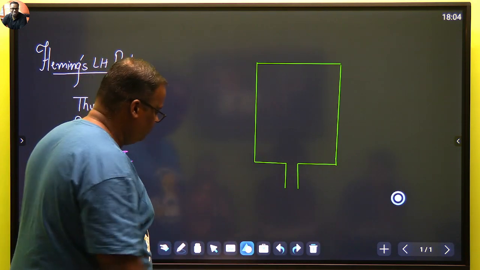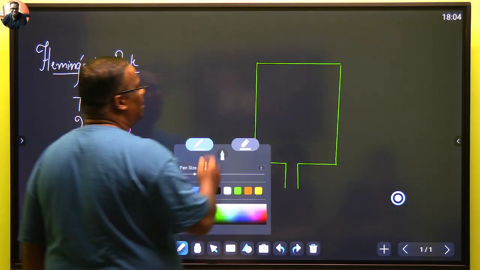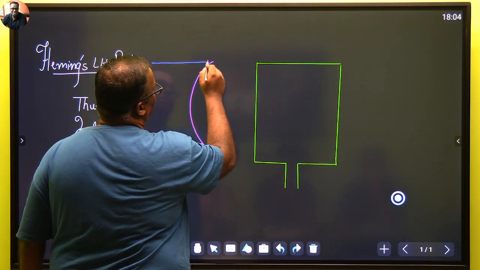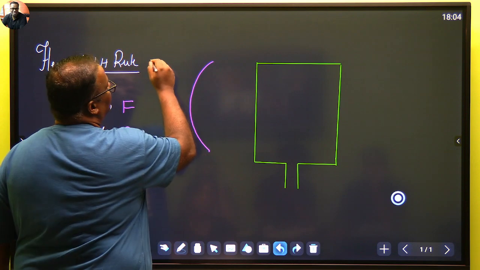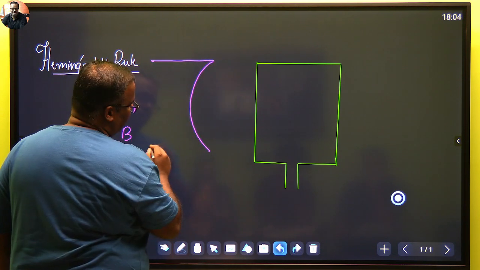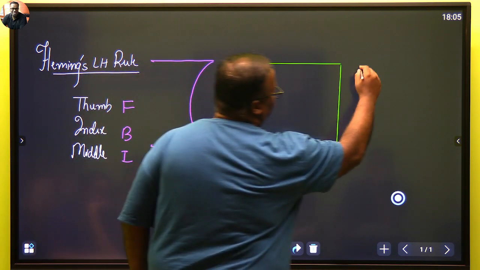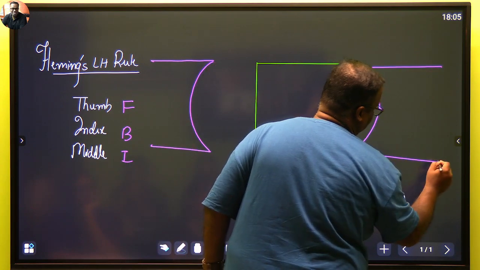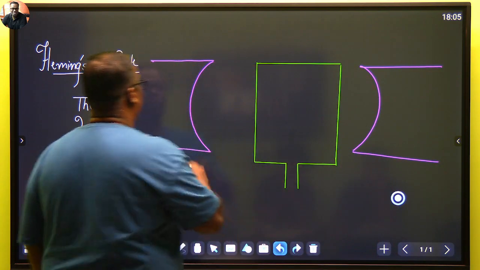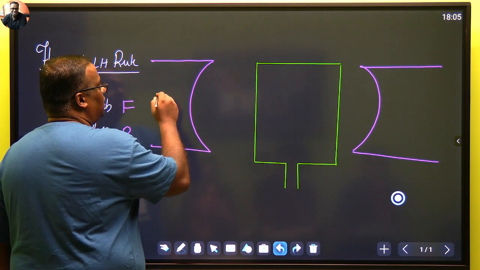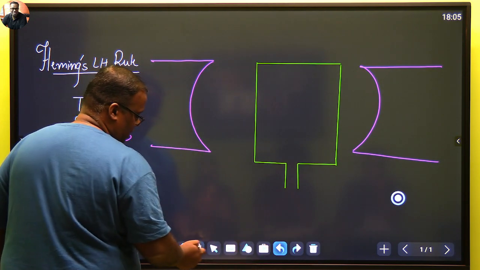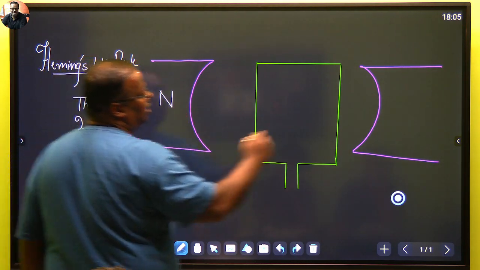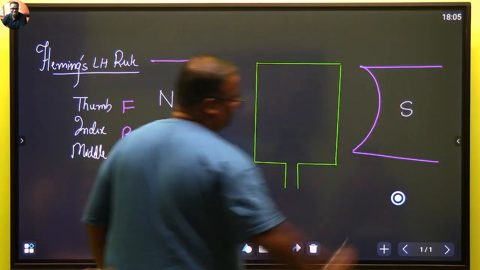Understood? This is not in our chapter, so explaining it this way will help you understand. Let's say this is my north pole. Okay. Let's say this is an external magnetic field which has a north pole on this side and a south pole on this side.